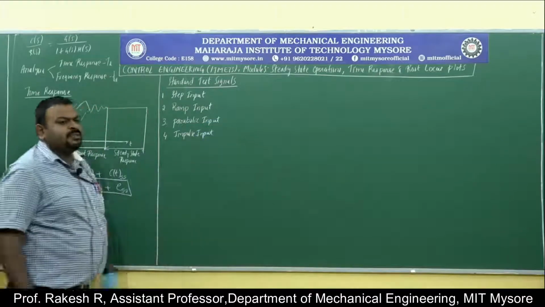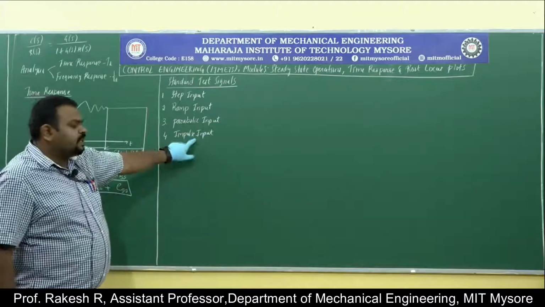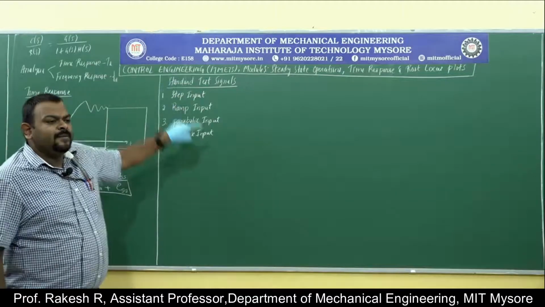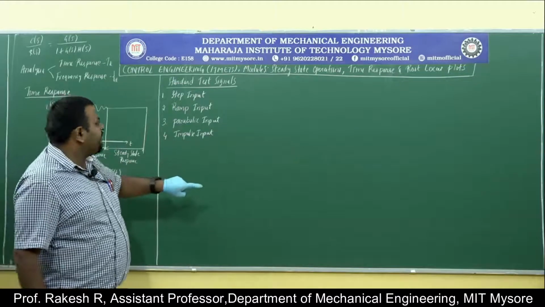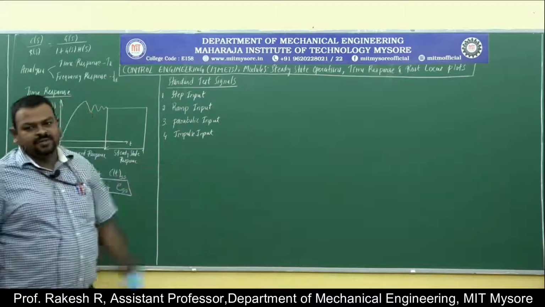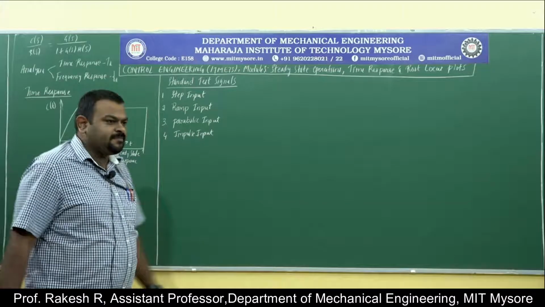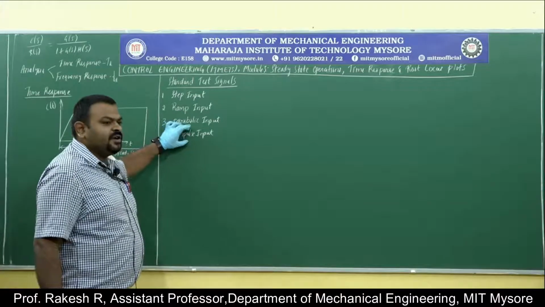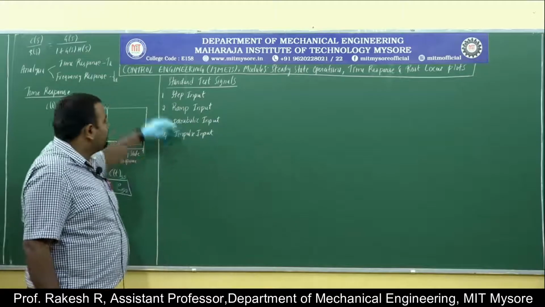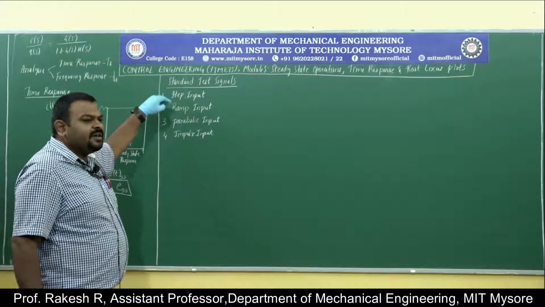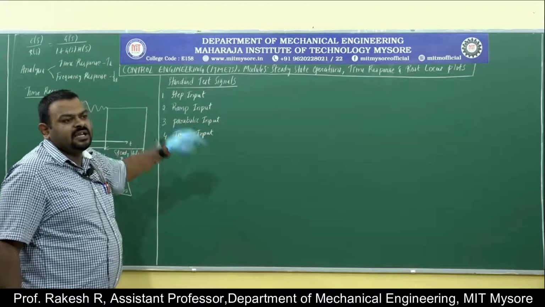Most of the time we will not consider the impulse input, because impulse input is the derivative of the step input. Hence, for analysis purposes, impulse input will not be taken into consideration. We will only test for step input, ramp input, and parabolic input.